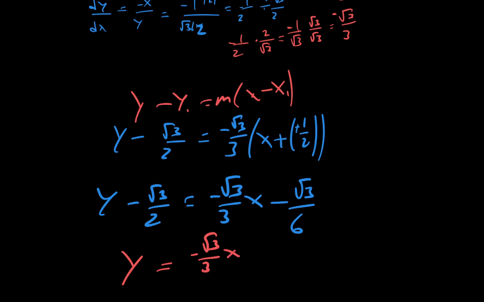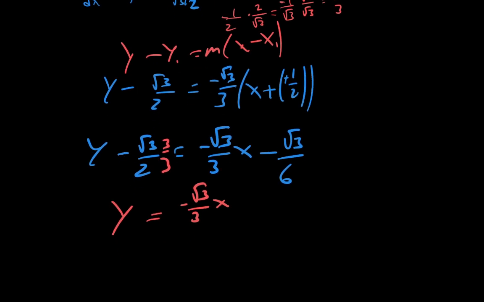And to do that, we multiply that by 1, or 3 over 3. And that's 3 root 3 over 6. So that's 4 root 3 over 6.